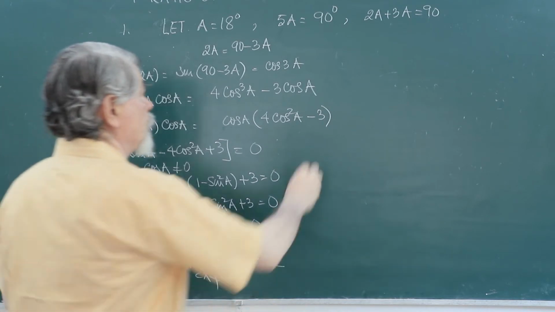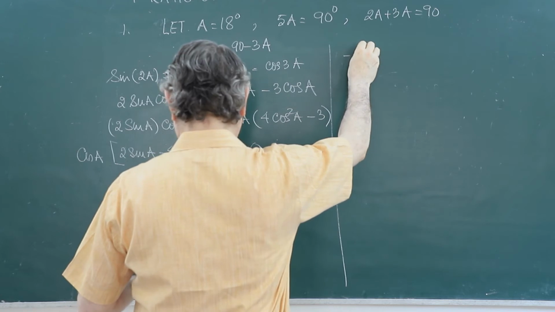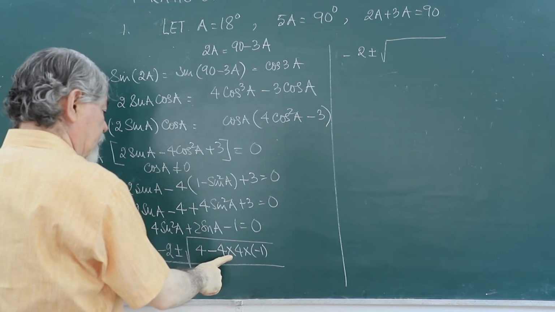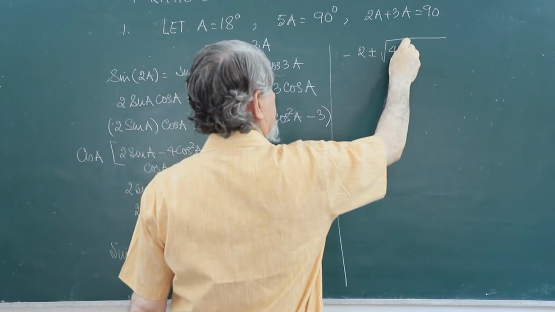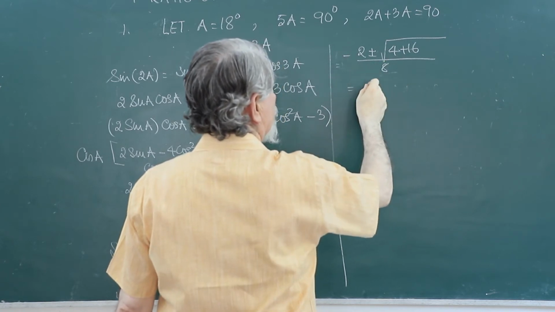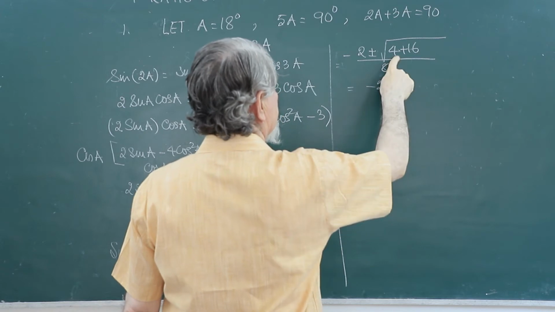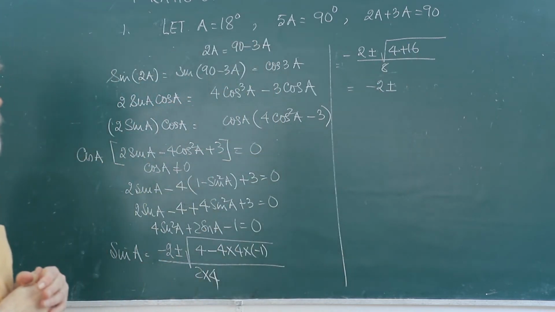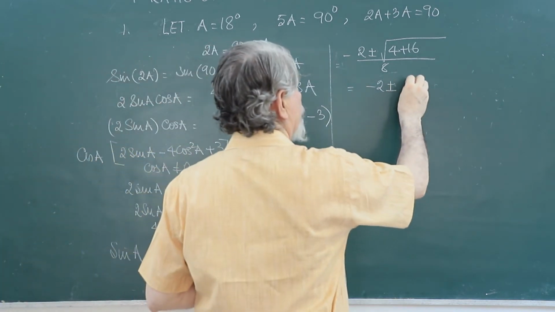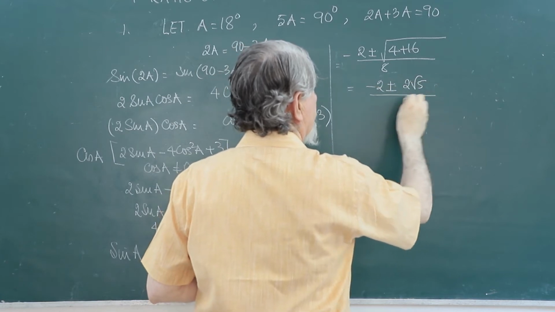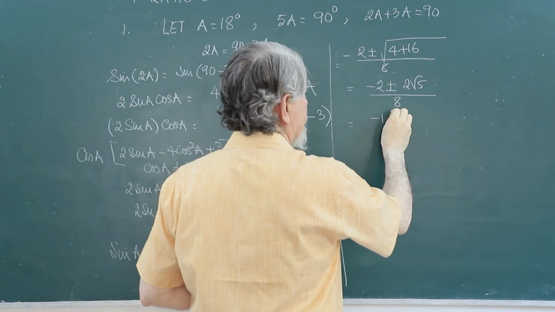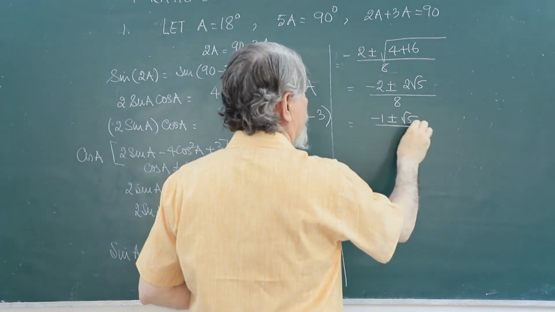You'll get minus 2 plus minus square root of 4 plus 16 upon 8. It will be equal to minus 2 plus minus square root of 20. 20 is 5 fours are 20. So 2 root 5 upon 8. If we cancel 2, it will become minus 1 plus minus root 5 upon 4.